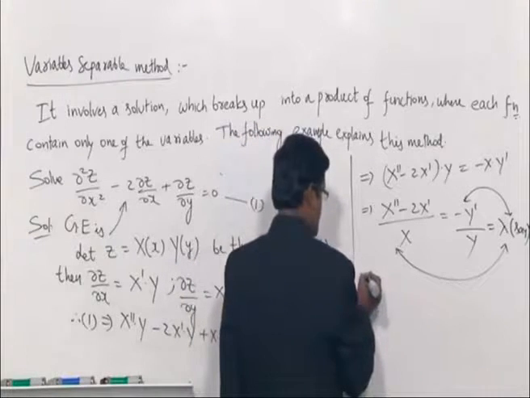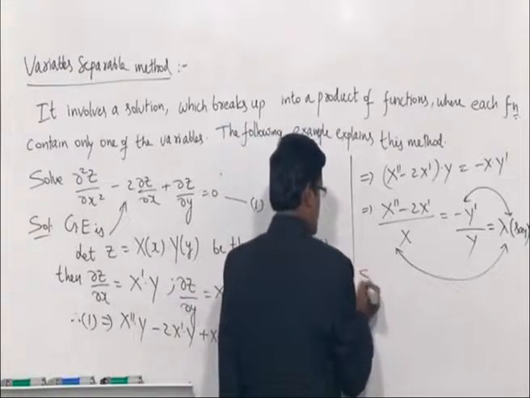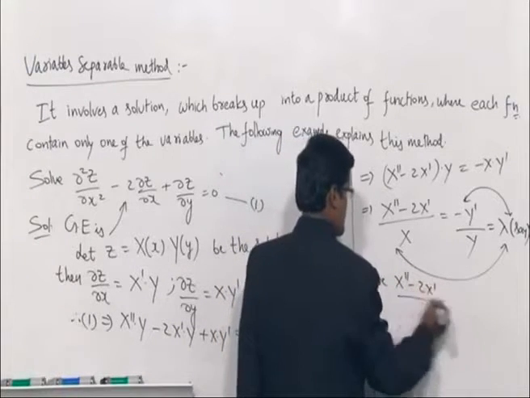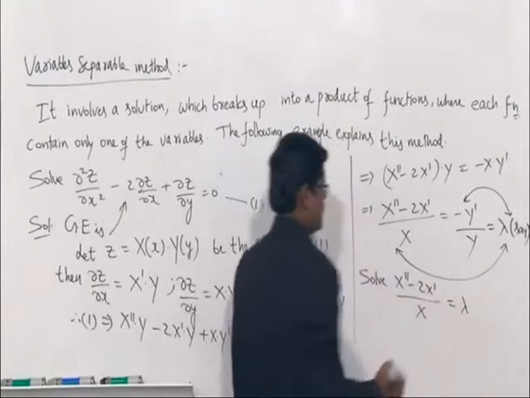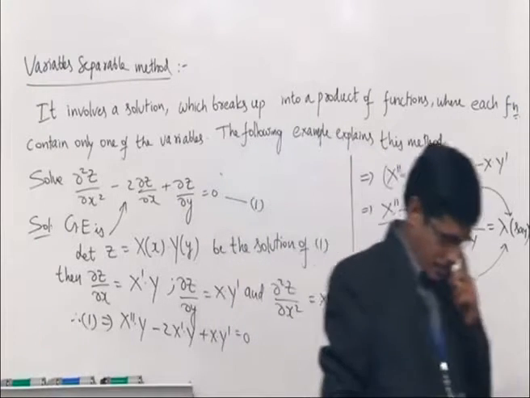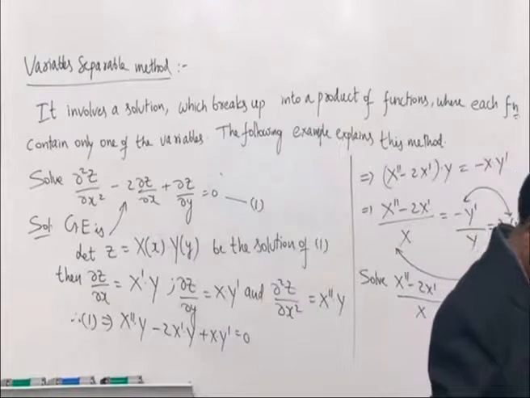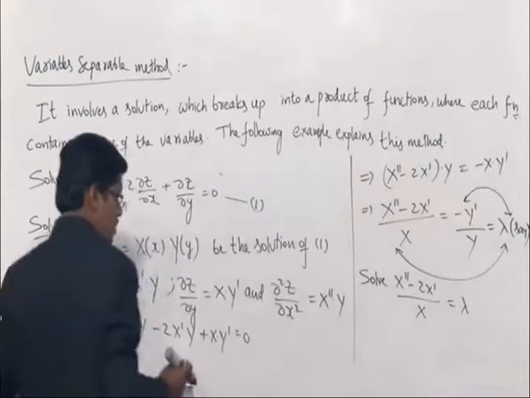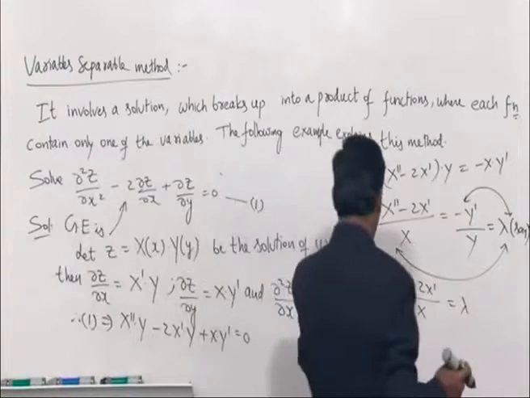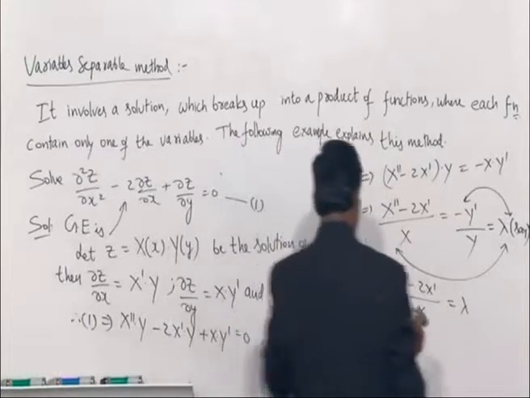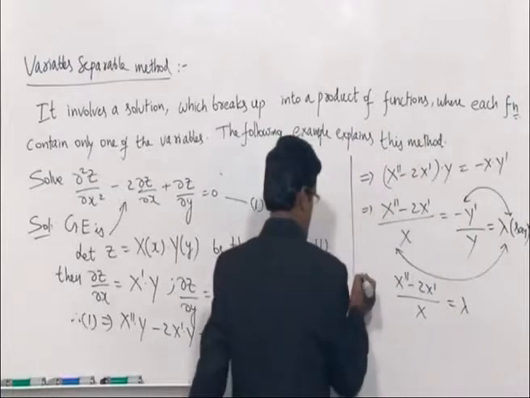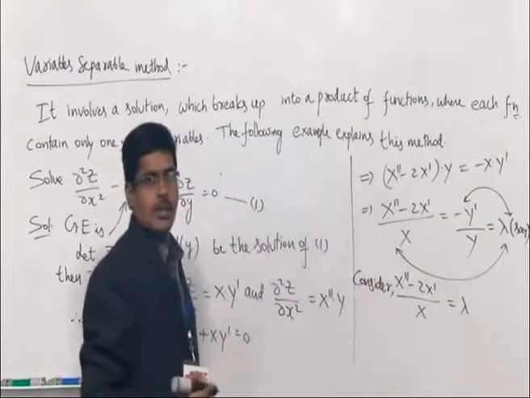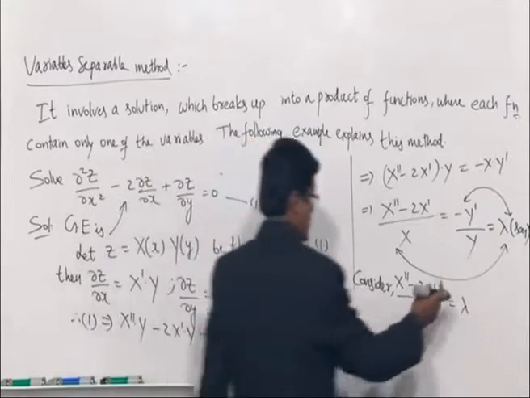So this implies, consider (X double dash minus 2X dash) by X is equal to lambda. Now bring all the terms to one side.